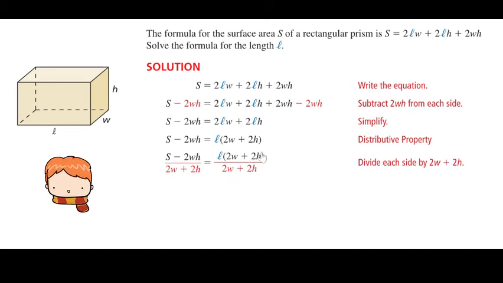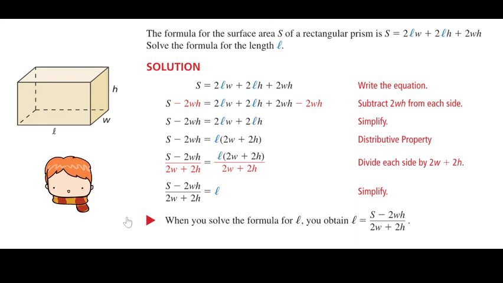And then these two binomial factors will cancel out. And that is what we get as our equation. So the literal equation is L equals S minus 2WH divided by 2W plus 2H.